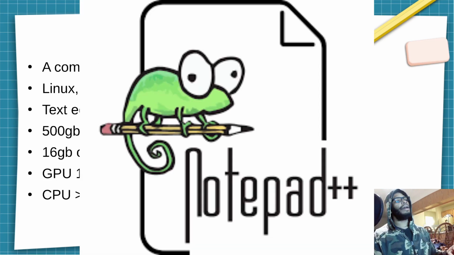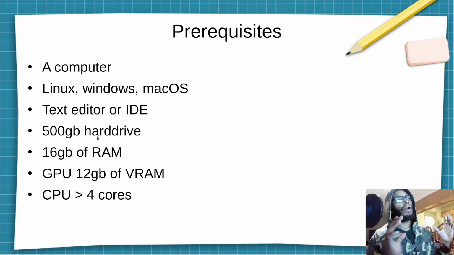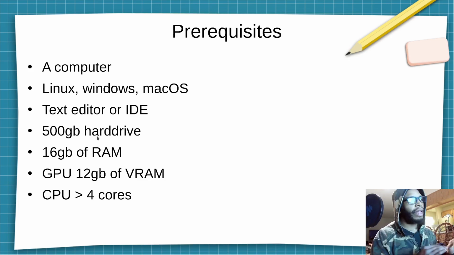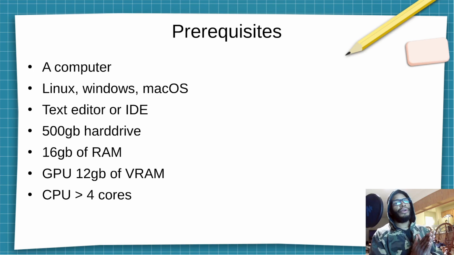All right. And for hardware, you want a 500 gigabyte hard drive at the minimum. When you train models, you are taking a large collection of data, running it through a function, and then saving all of the variables, all of the weights, all of the biases that correspond to the output.